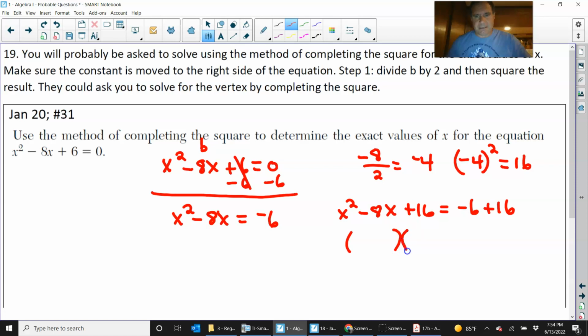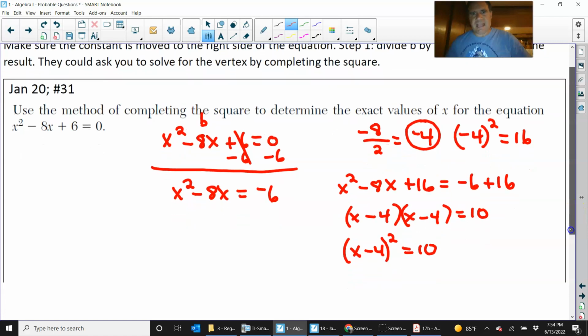You are going to have x and x. Do you see this answer right here, this -4? It is going to be x minus 4 and x minus 4. The reason why is because -4 times -4 equals positive 16, and -4 plus -4 equals -8. And this becomes 10. So when you rewrite this, this is x minus 4 squared equals 10.